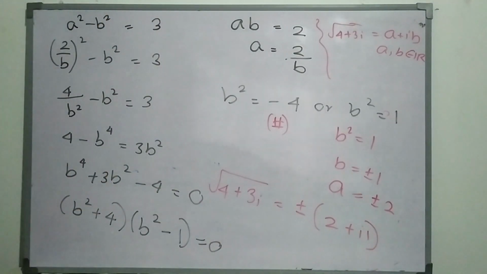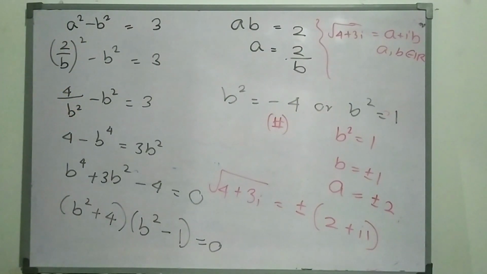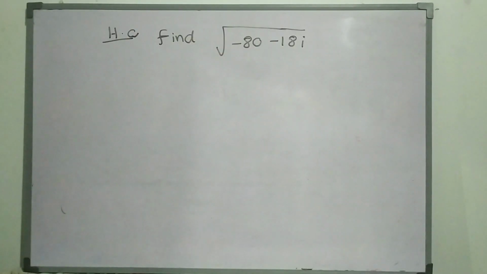So what is the conclusion? The square root of any complex number gives two complex numbers. That's the behind scene. Okay, as homework you can find the square root of minus 8 minus 6i, right?